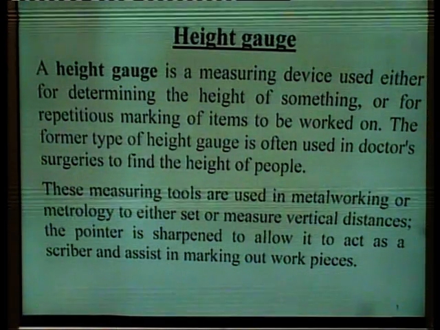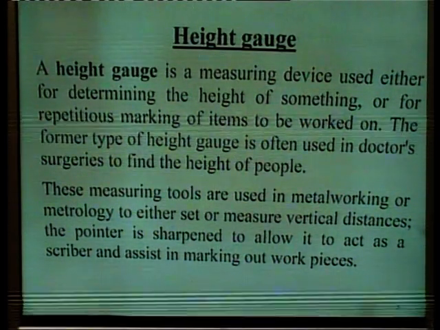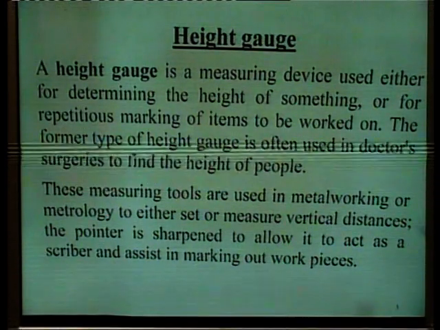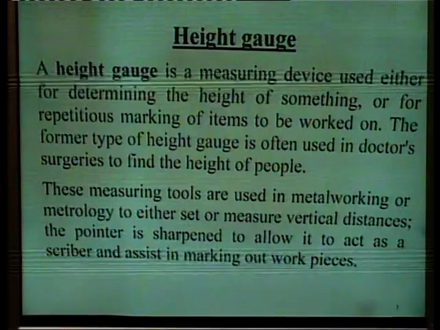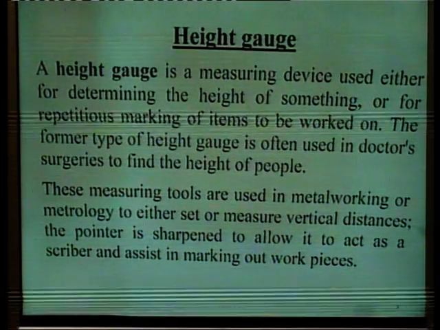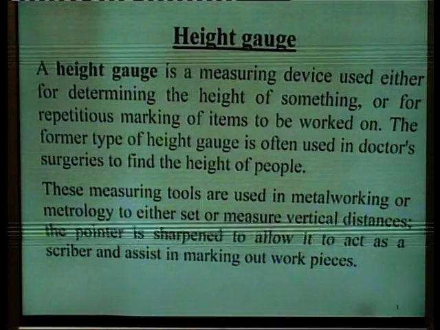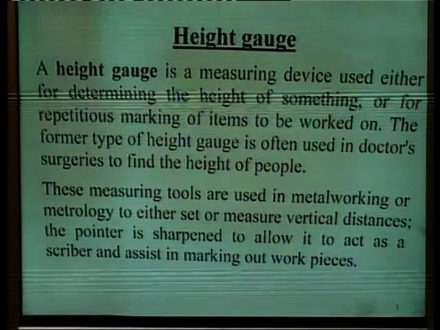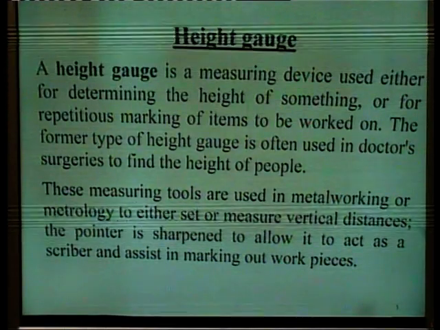These measuring tools are used in metalworking or metrology to either set or measure vertical distances. The pointer is sharpened to allow it to act as a scriber and assist in marking out the workpiece.